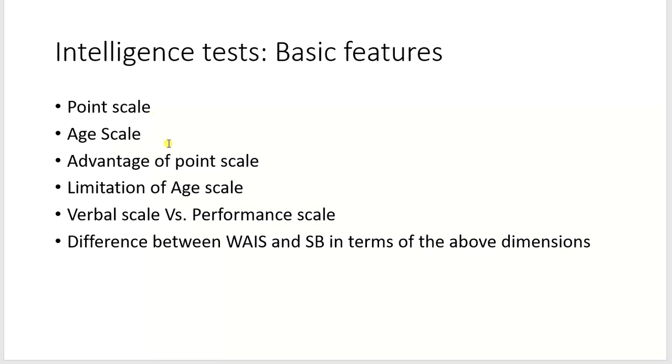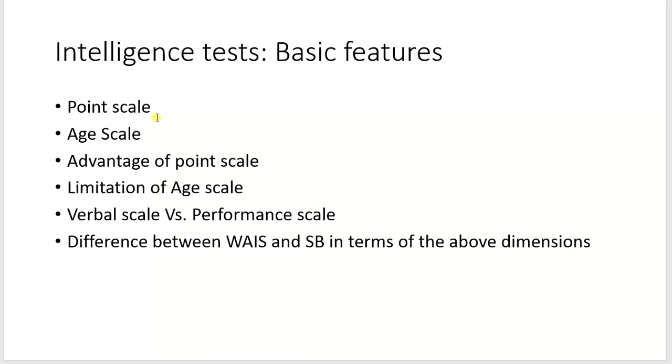In the Binet-Simon scale, if you go to the older forms, each item has credit in years and months, and ultimately the test administering individual will arrive at a mental age, and then the same formula was used: mental age by chronological age into 100 is equal to IQ. But point scale is different from age scale. If you qualify any item, then you get some points, and there are different scoring criteria.